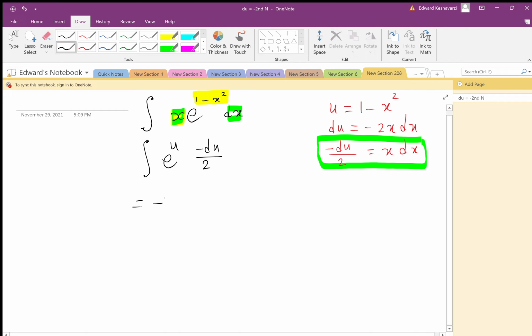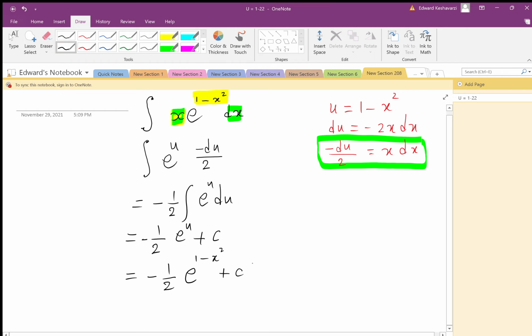Therefore, you can write it as negative 1/2 e to the u du, and according to the table of integrals, it's negative 1/2 e to the u plus c. And at the very last step, you replace u with 1 minus x squared. And we are done with this method.